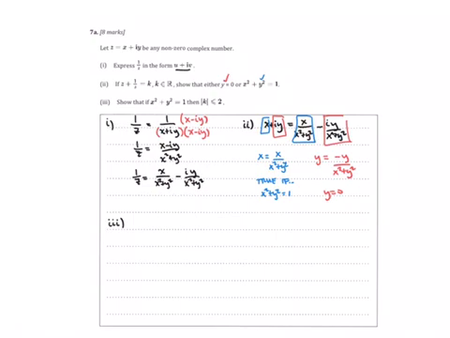It says show that if x squared plus y squared equals 1, then the magnitude, or the absolute value, of k is less than 2. So if x squared plus y squared is equal to 1, then x plus iy plus x minus iy, right?